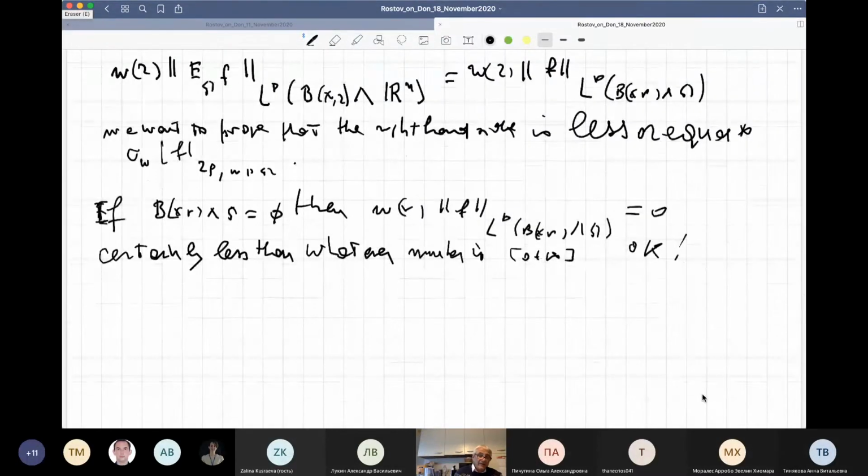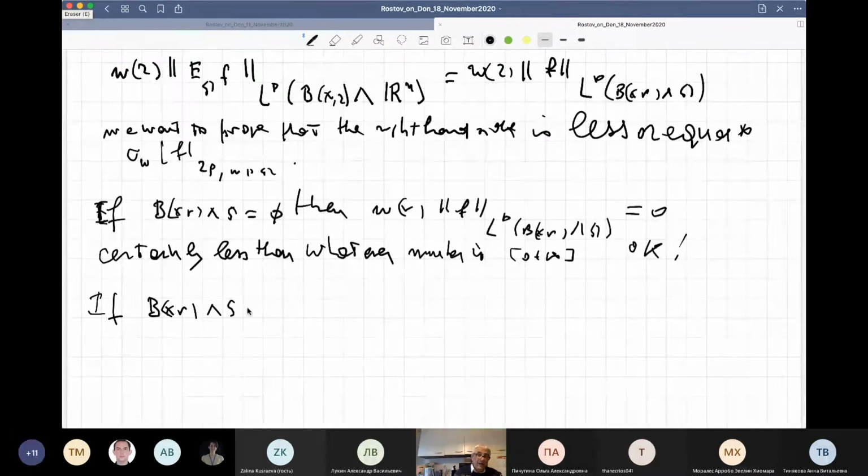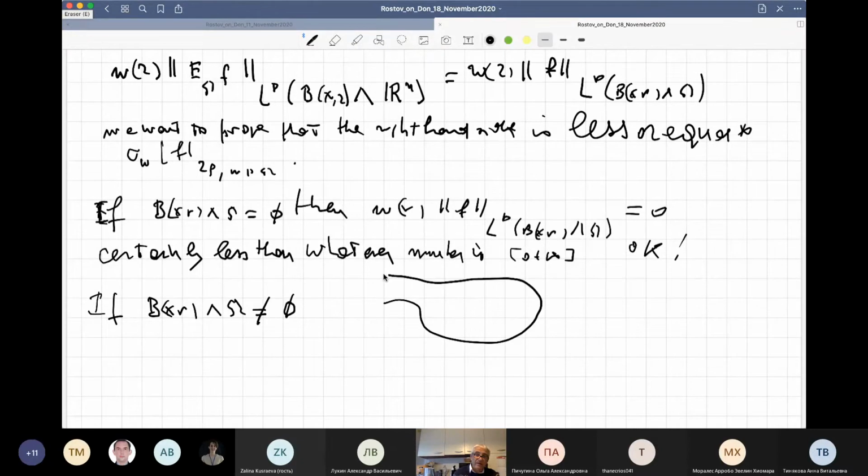And the second case, if instead B(x,r) intersection omega is not empty, then we have something to do about it. Now I do a picture. Imagine, for example, that this is omega, and you have our ball, this is x with its radius r.